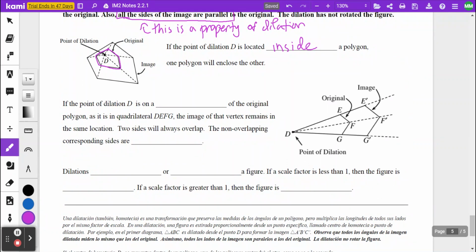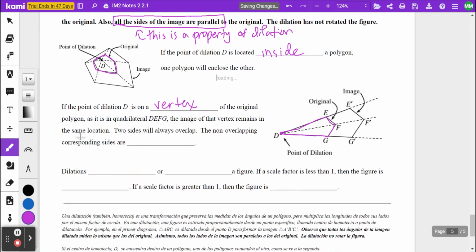If the point of dilation D is on a vertex of the original polygon, so for example, if we had this is our original polygon and this is our point of dilation in this quadrilateral DEFG, then the image of that vertex remains in the same location. And that makes sense because, for example, let's say this was times 3, 0 times anything equals 0.